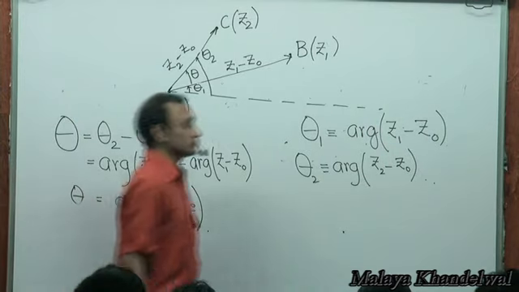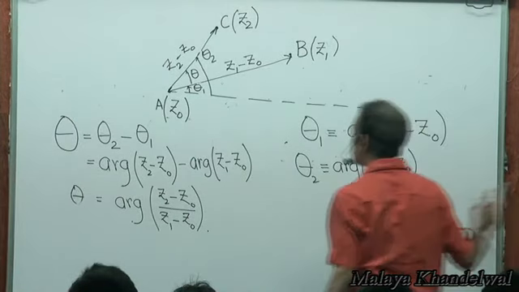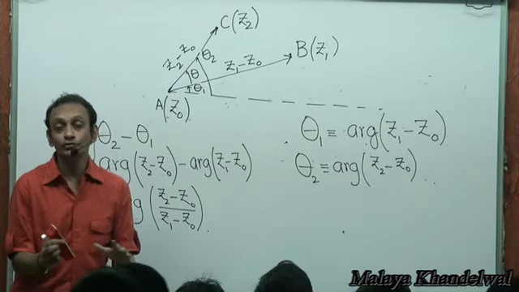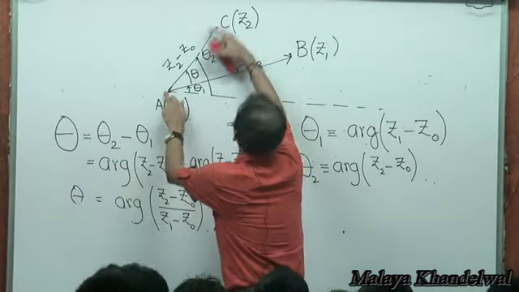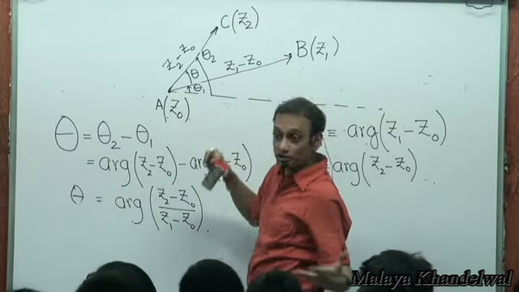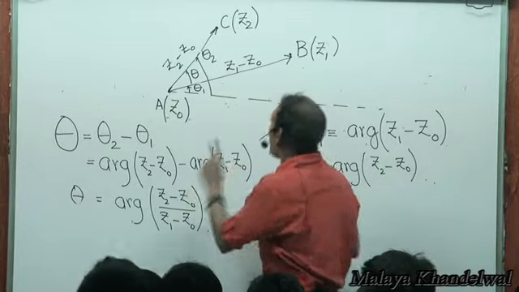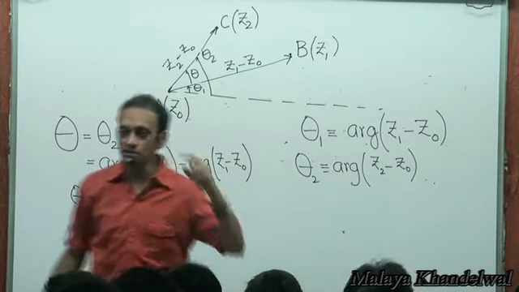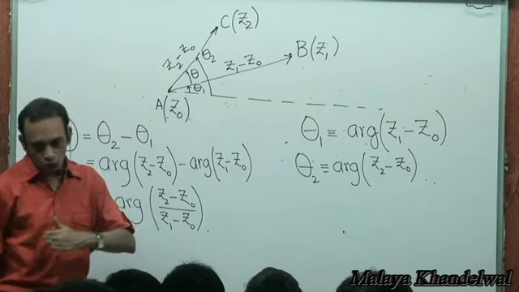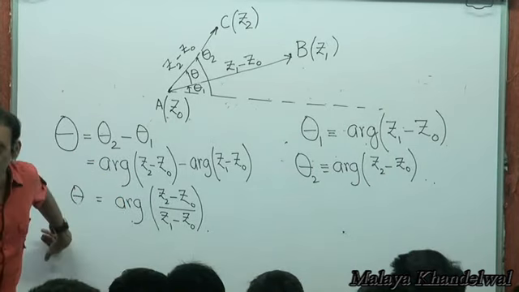Now, so this time to find the angle between two vectors, it's as simple as this. You're not using dot products or cross product, right? One more thing that you must realize is, if from the denominator to the numerator you have to go anti-clockwise, then theta would be positive.